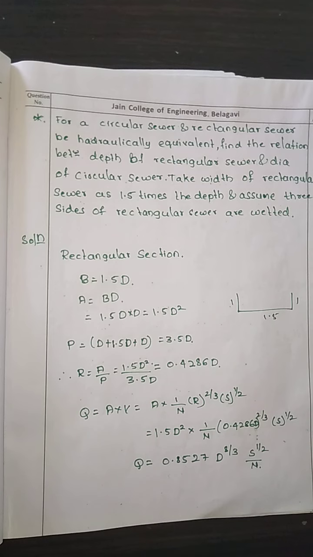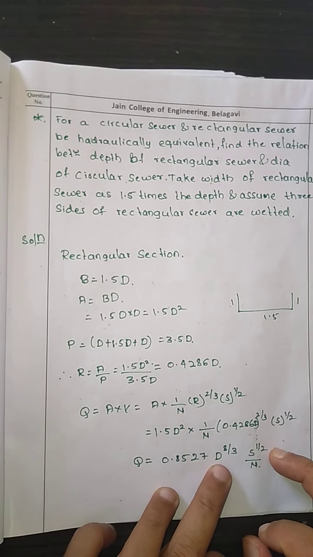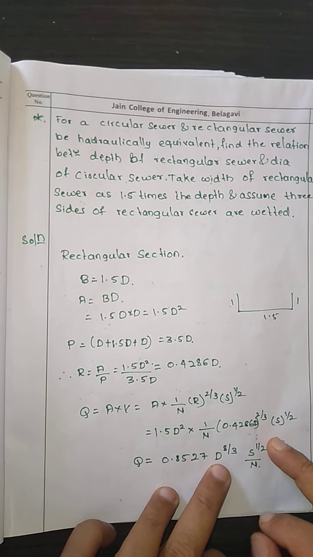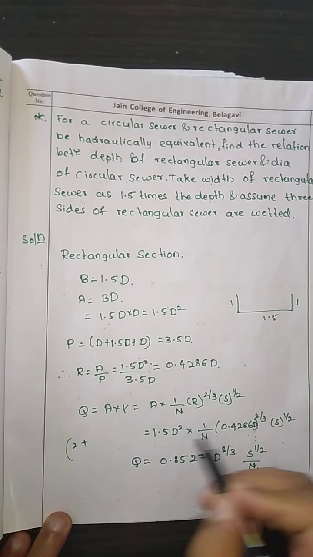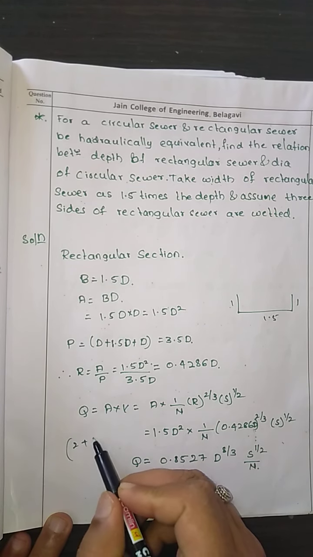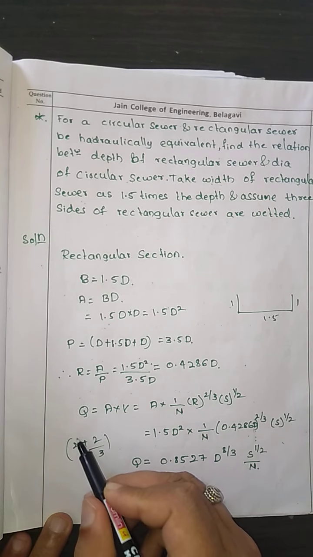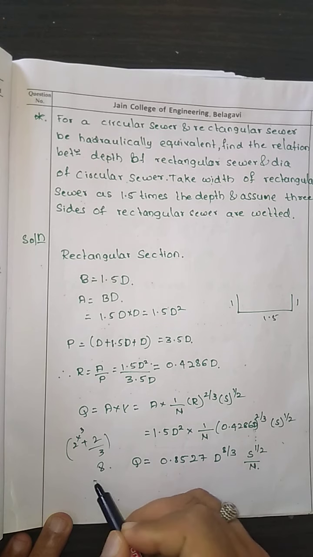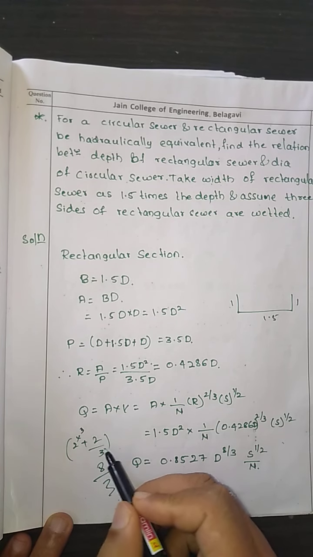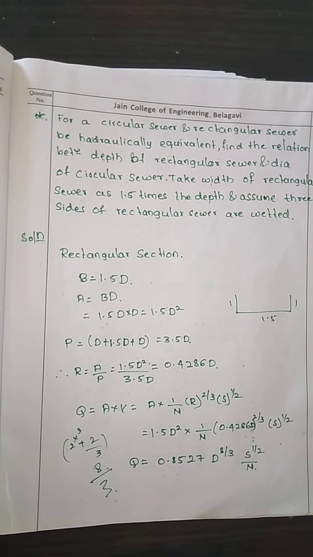Discharge Q is equal to 0.8527 D raised to 8 by 3, S raised to 1 by 2 divided by N. Why is it 8 by 3? Because we have used the method of indices: D power 2 and D power 2 by 3, so 2 by 3 plus 2 totally becomes 8 by 3.